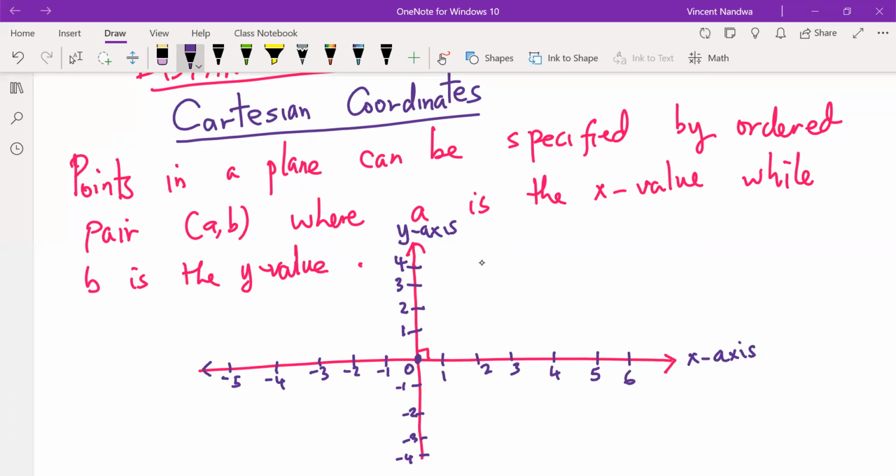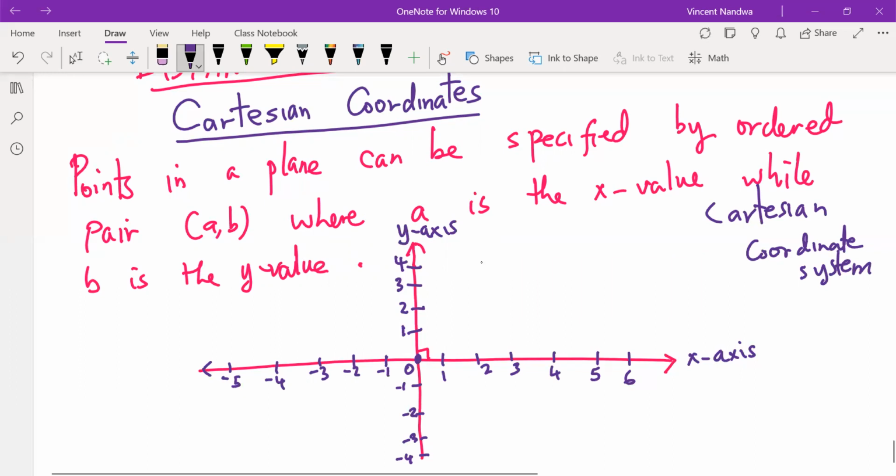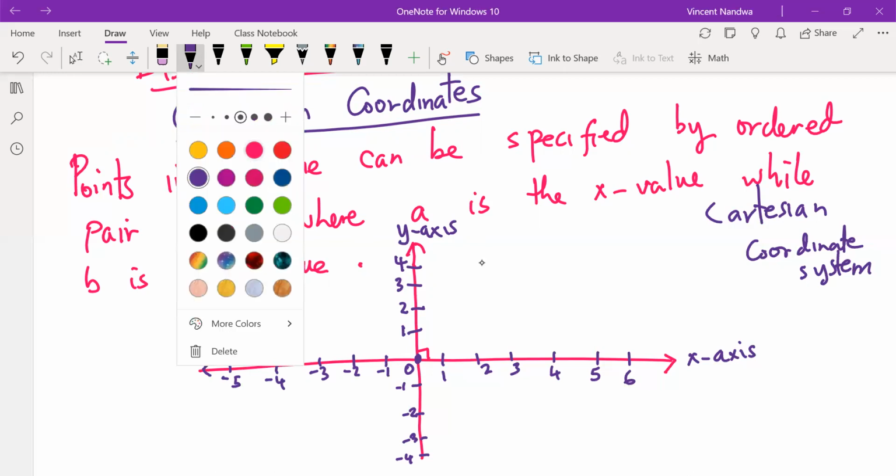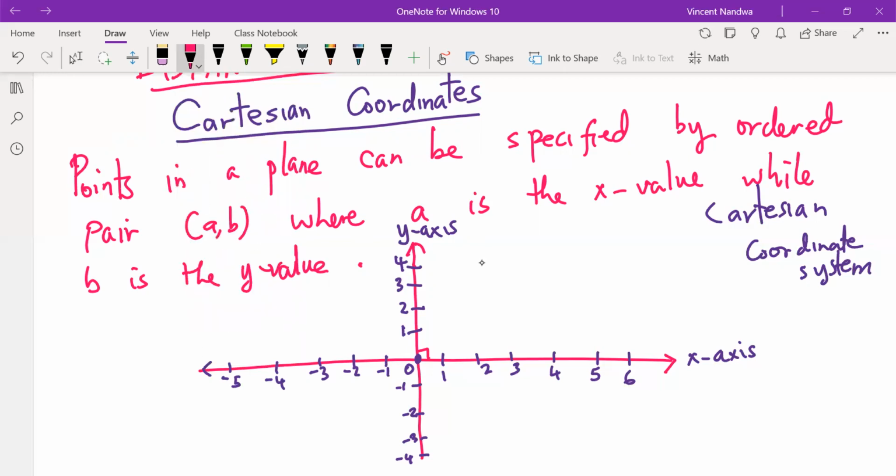So this is what we call the Cartesian coordinate system. And then these two axes, y and x, split the plane into 4 regions, and each region is called a quadrant.